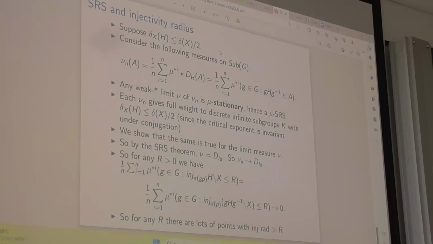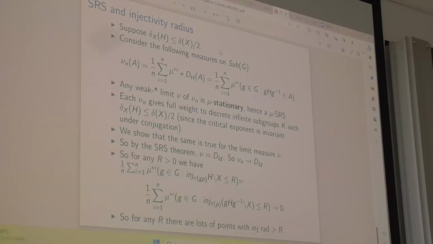In math, it's sometimes very hard to construct invariant measures. A lot of times they don't exist, but it's sort of easy to construct stationary ones. So okay, a limit of these measures is stationary.